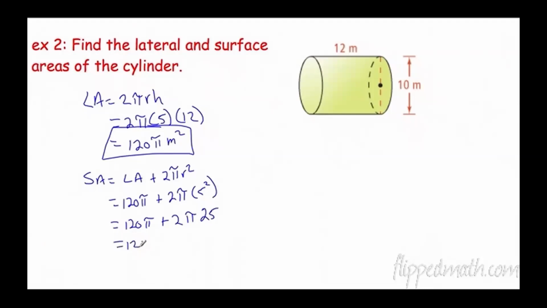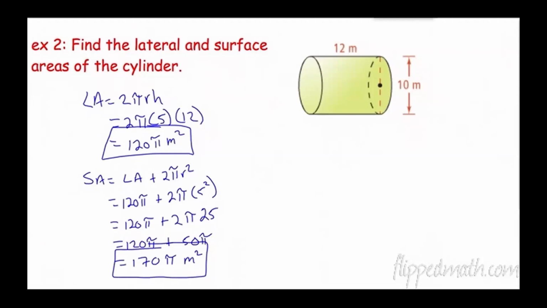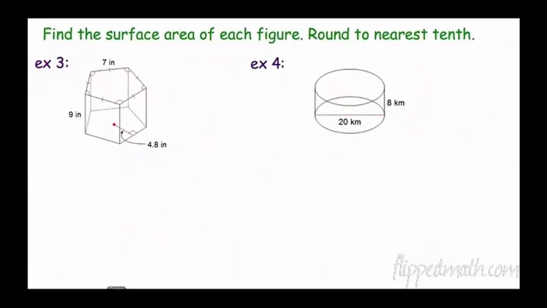That gives us 120 pi plus 50 pi, and that is 170 pi meters squared. All right, so that's finding the surface area of the cylinder.